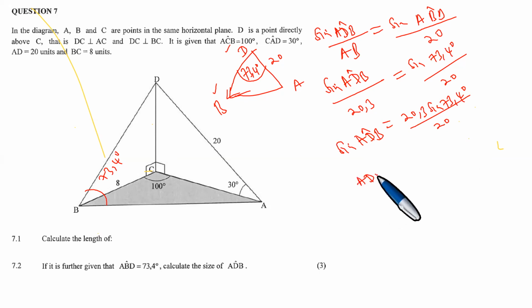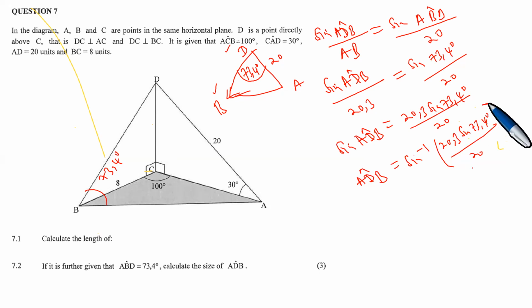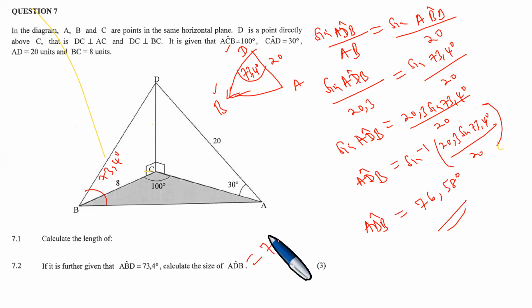So which means ADB, you take the arc sine of 20 sine of 73,4 degrees, divided by 20, which is 76,58 degrees. Right, they wanted the size of the angle ADB, so we have found that the size of the angle ADB is actually 76,58 degrees.